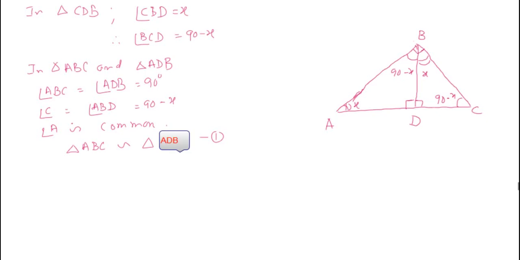Let us consider now triangles ABC and BDC. In triangle ABC and triangle BDC, we have angle ABC equal to angle BDC, that is 90 degree. Then angle C is common in both the triangles.